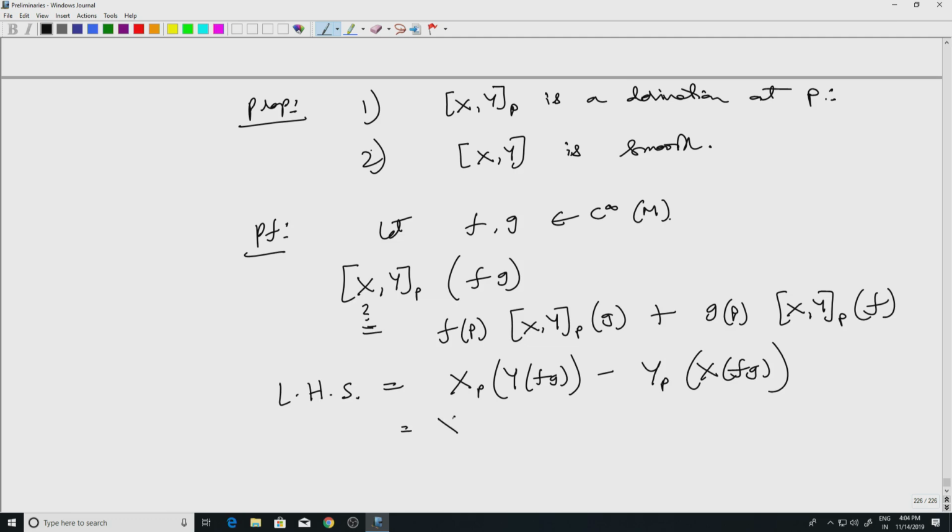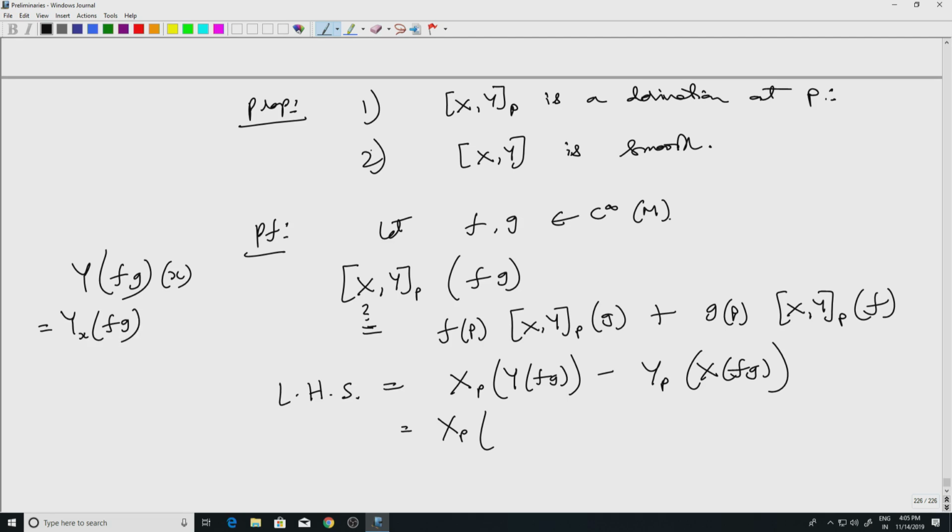Now here, when Y acts on fg, let's look at this Y acting on fg. Now the point is this is a function on the manifold. So let's see its value at any point x is Yx acting on fg by definition.